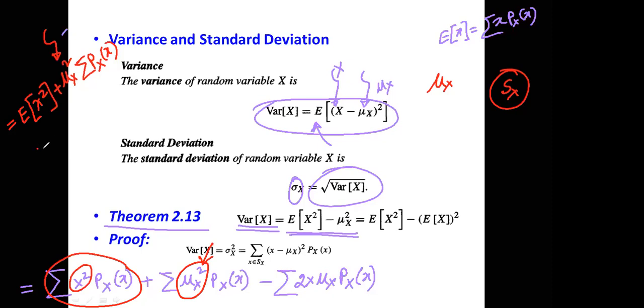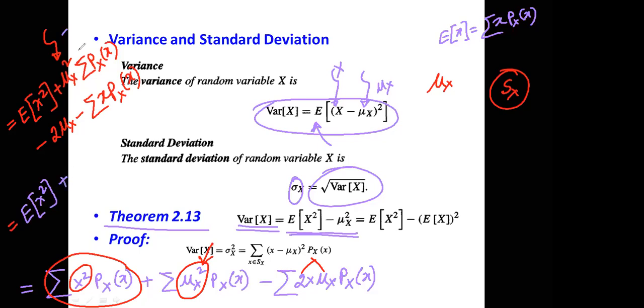Then we have this minus 2 and mu x. These two are also fixed, so 2 mu x can be taken outside, and then summation of x p(x). Now that thing can also be written like E of x square.